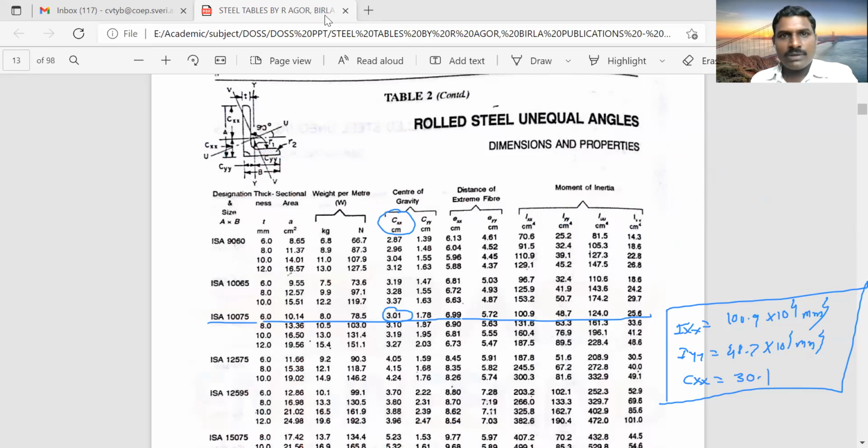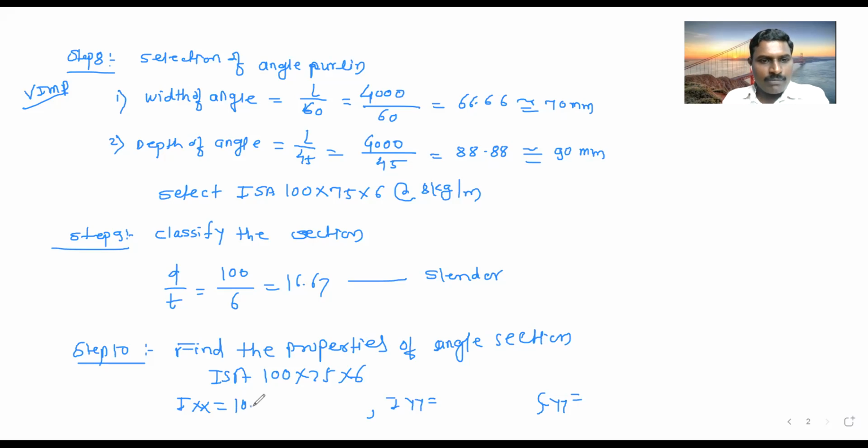Okay, so after you are writing, tell me, because it will be erased by me. 100.9 into 10 raised to 4 mm raised to 4, then this is 48.7 into 10 raised to 4, and this is CXX.